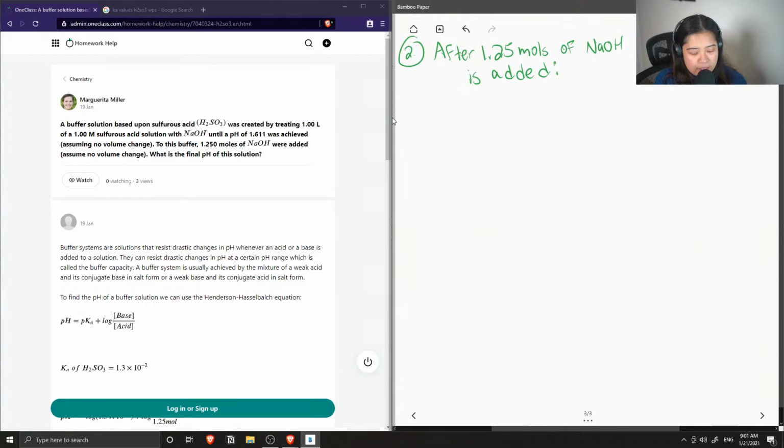So we can have the same reaction occur where we have that leftover H2SO3 plus, and this time we know how much sodium hydroxide was added, makes H2O plus HSO3 minus.